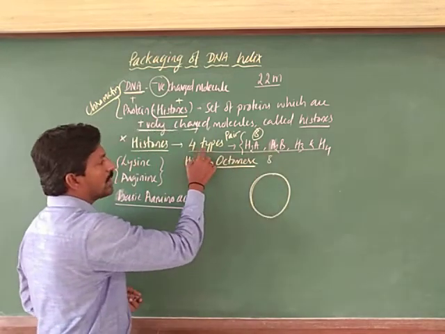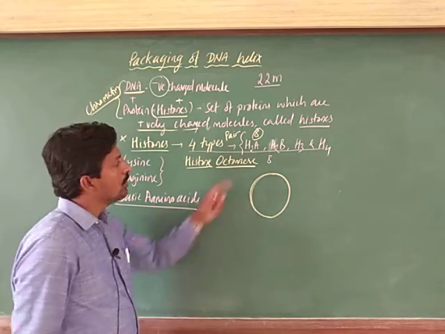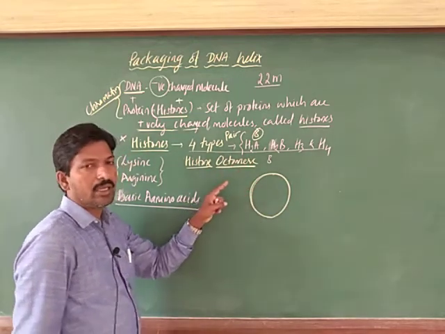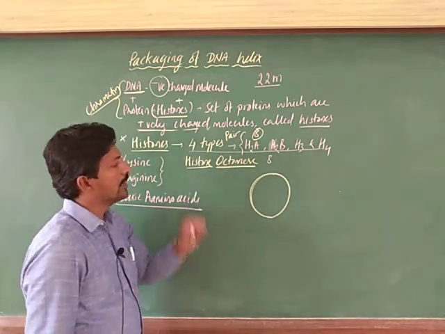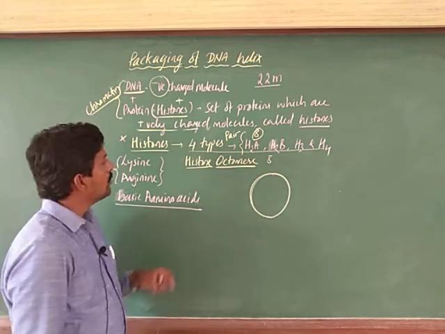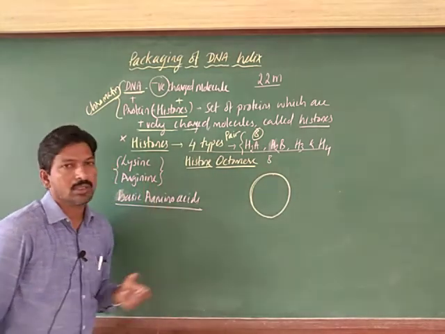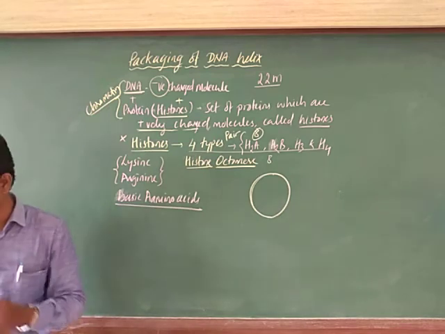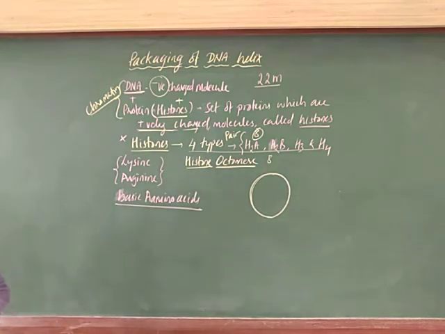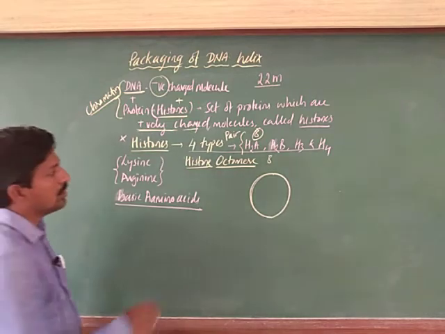There are 4 types multiplied by 2, so that becomes 8. Hence it is called octamer. The core of this protein is the histone octamer.